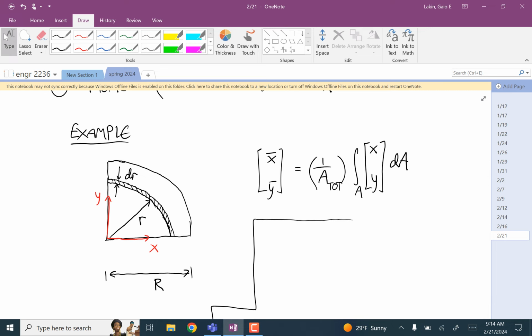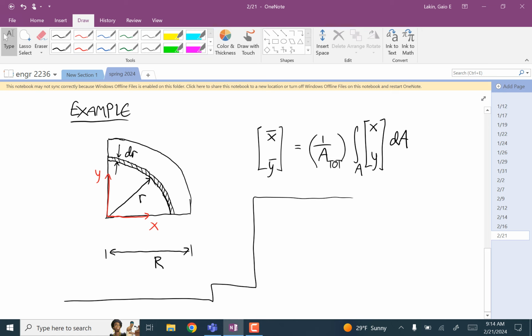And the nice thing about this is there's symmetry. So we know that the centroid of this infinitesimal area is on the x equals y line. That's an axis of symmetry here. Do you see that?